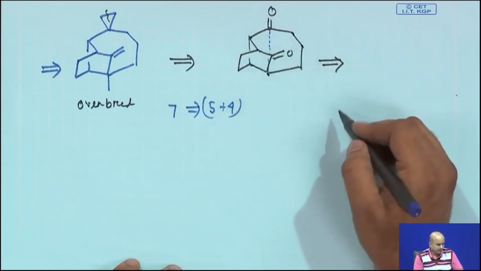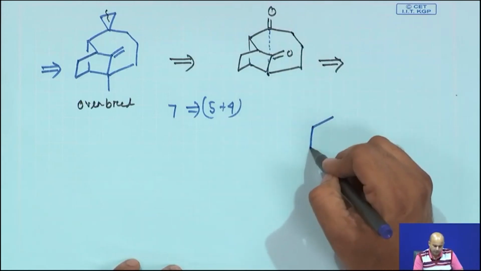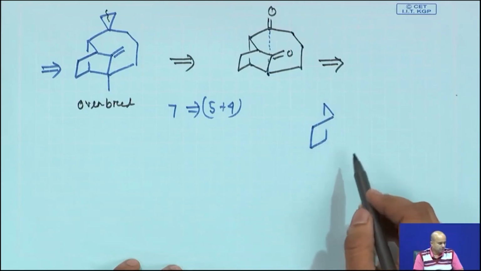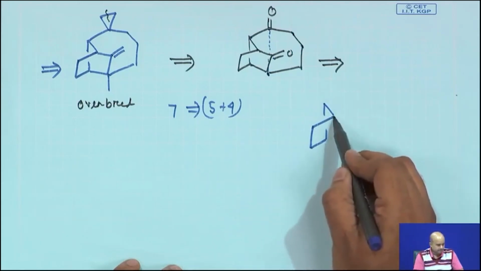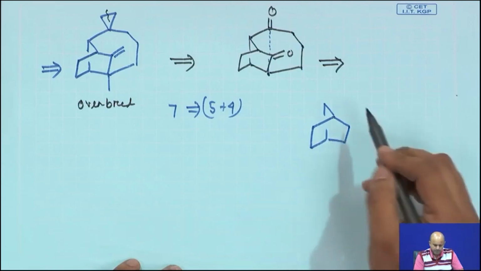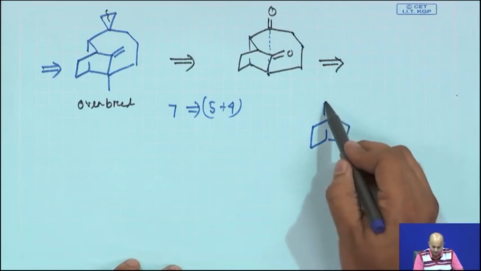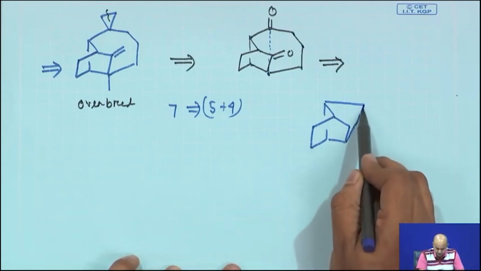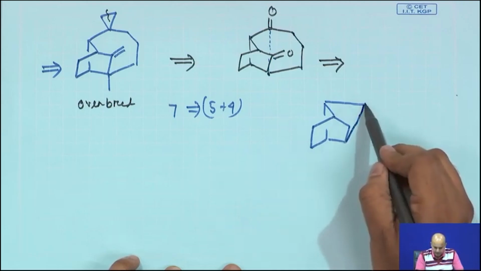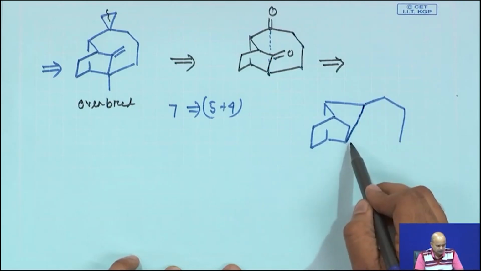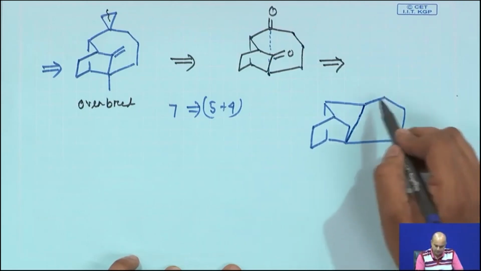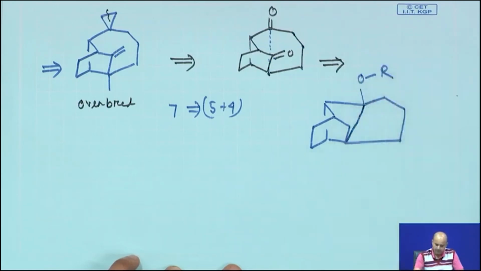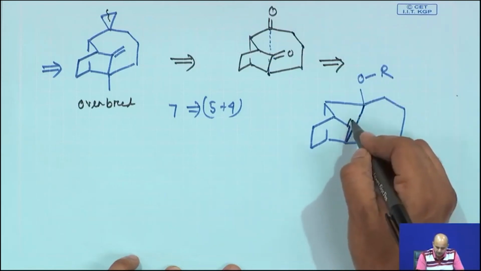So, if you now do a retro and then connect these things here, this is a particular bond, and then now I am saying this OR, and the central thing you are having is a carbonyl.